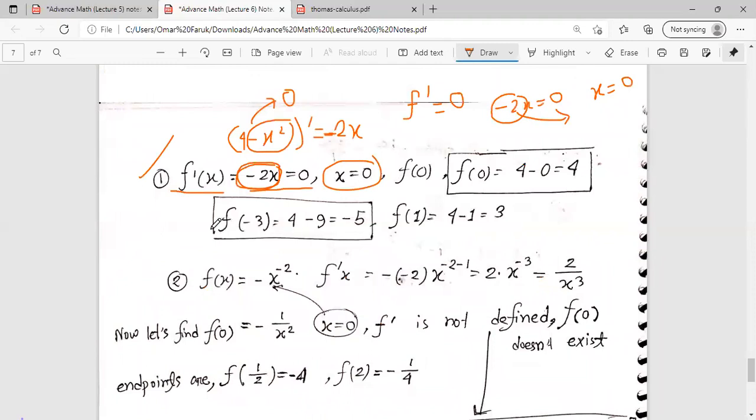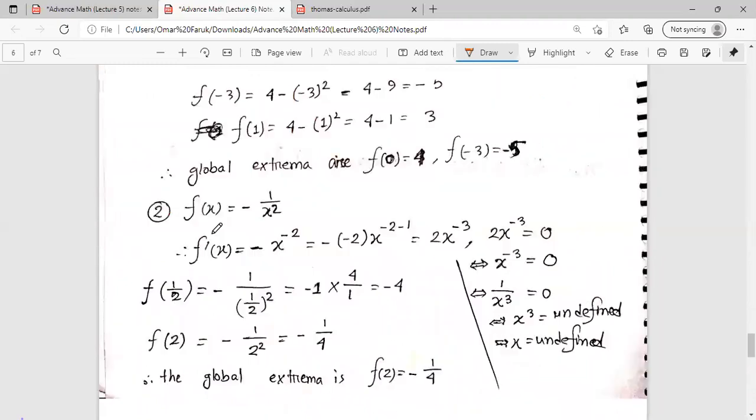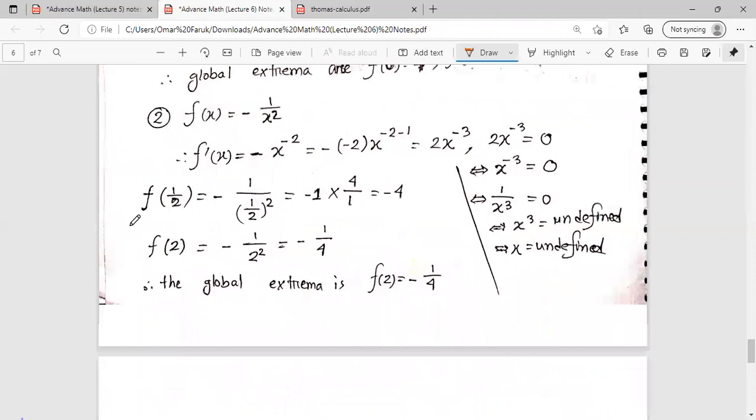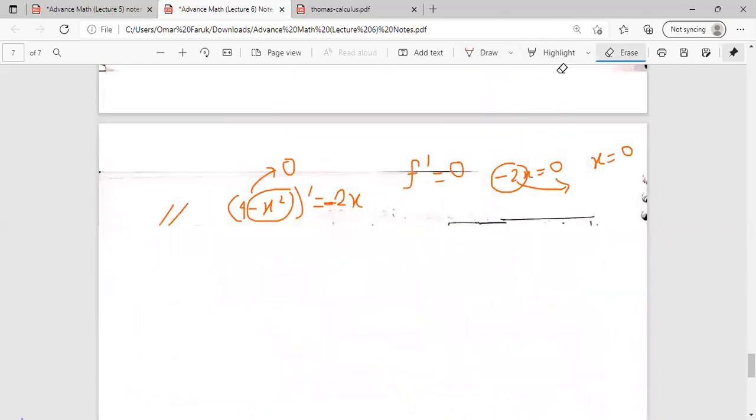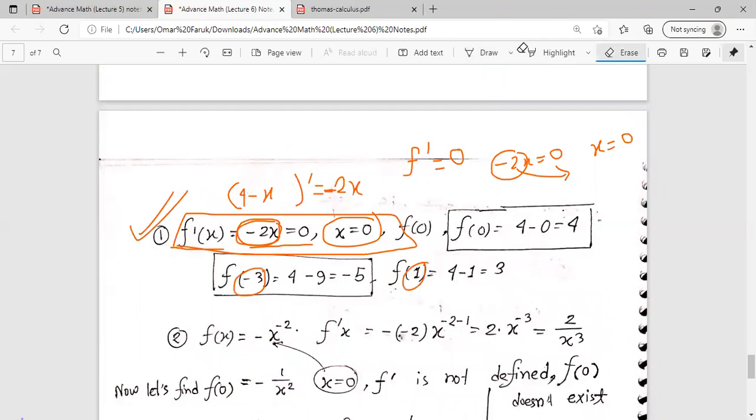And now we have to find the endpoint values. So this is our extreme value. Our endpoint values will be f of minus 3 and f of 1.